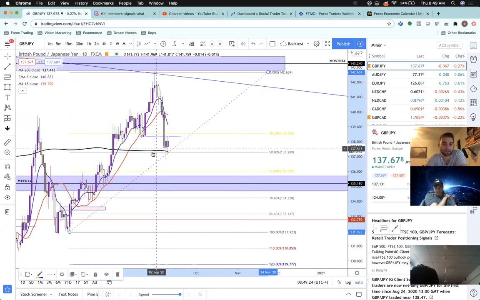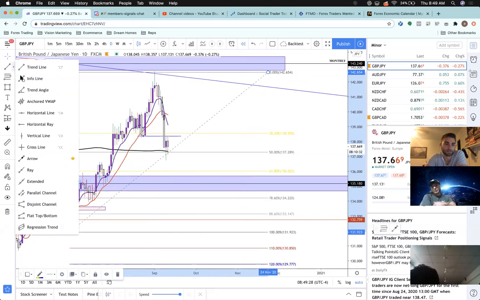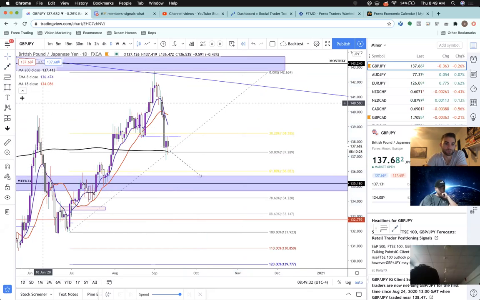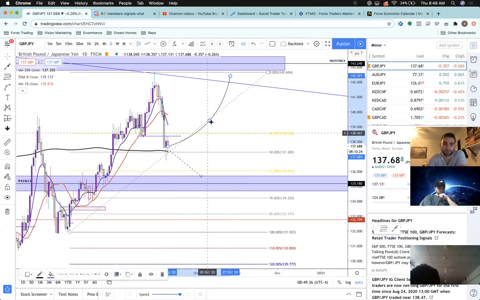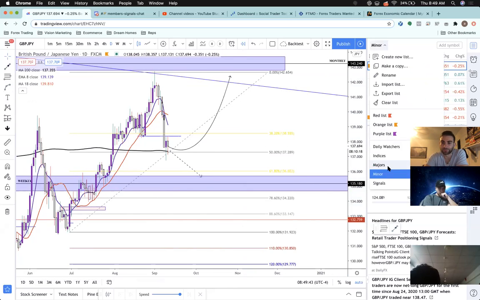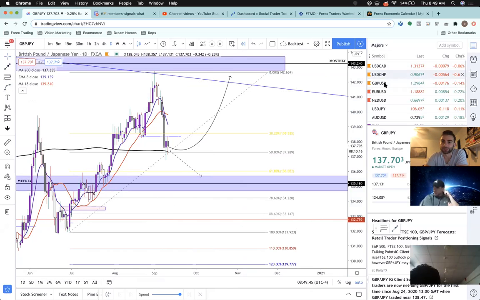So 200-day is kind of the last line of defense, guys. So we're either going to find support here or we're going to continue to head lower. So we'll either come down to this weekly level or we're going to find support here, come back, potentially form a new high.